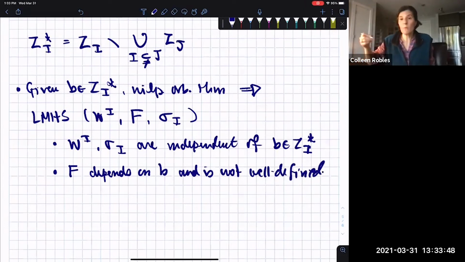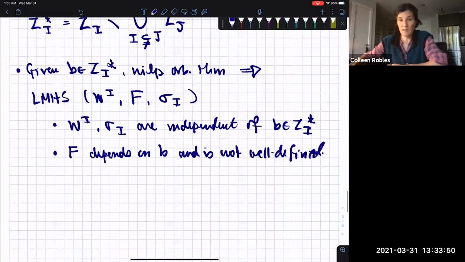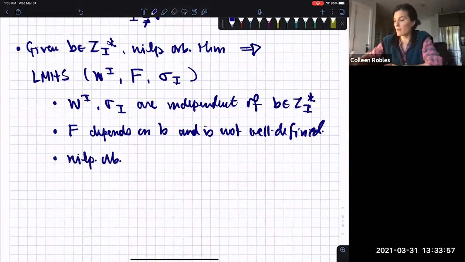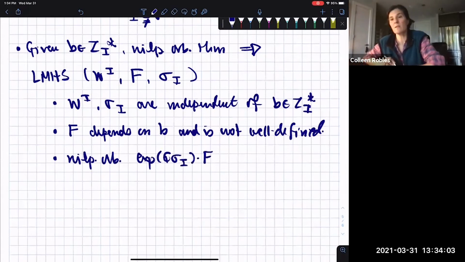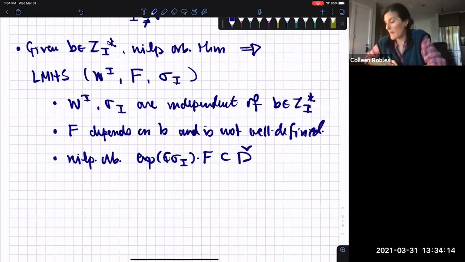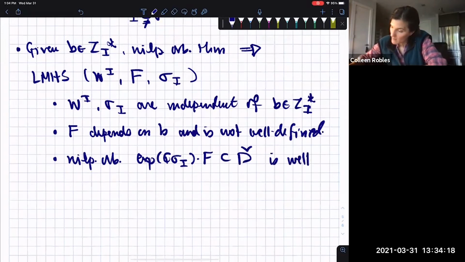What is well defined is the nilpotent orbit, and here I mean just the set of all Hodge filtrations swept out by taking the exponential of the nilpotent cone. So this is some subset of the compact dual.